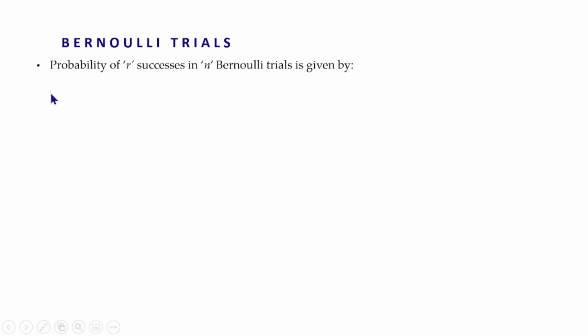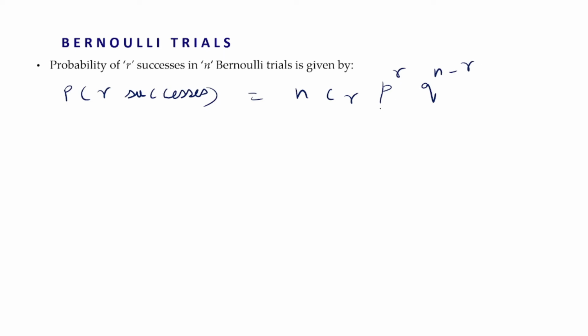Now the probability of R successes in n Bernoulli trials is given by P(R successes) = nCr p^r q^(n-r), where p is the probability of success and q is 1 minus p, such that p plus q is equal to 1.